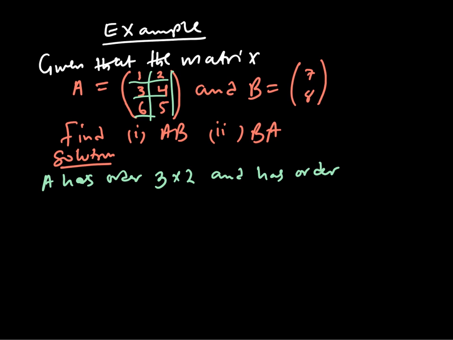Let's go to B. This is the first row, the second row, and only 1 column. So it is a 2 by 1. Now look at the columns of the first and the rows of the second. If these two are the same, then you can multiply these two matrices together.